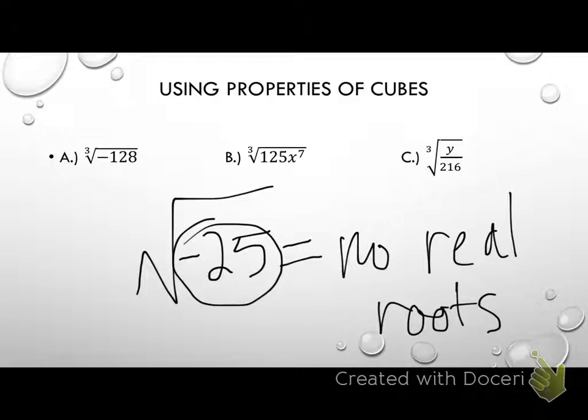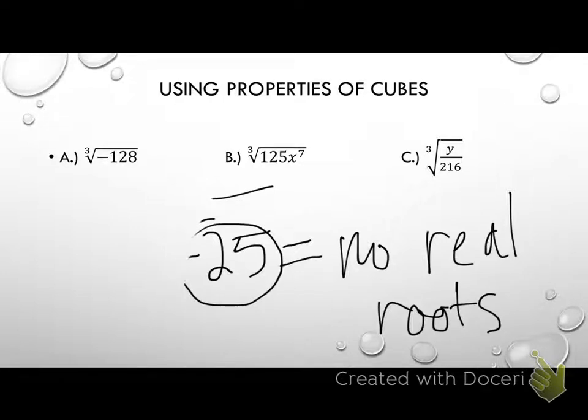There is no number in our real numbers that will give us a negative number if you multiply it by itself. If you multiply a positive times a positive, you get a positive. If you multiply a negative times a negative, that is also a positive. So if I take the square root of a negative number in Algebra 1, there are no real roots. You'll learn in Algebra 2 how you can take the square root of a negative number. But for Algebra 1's sake, we cannot take the square root of a negative number.